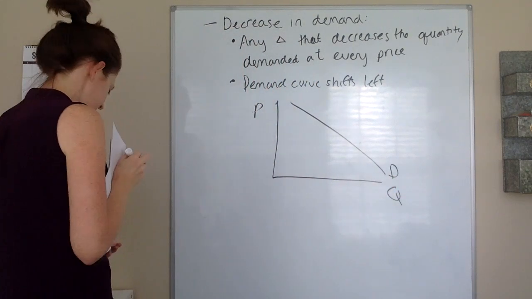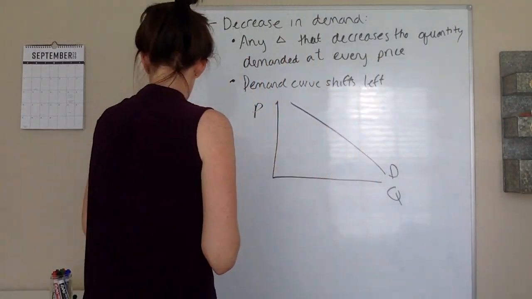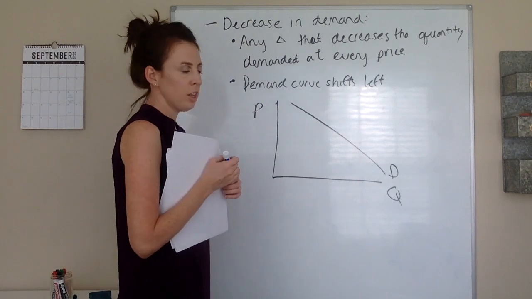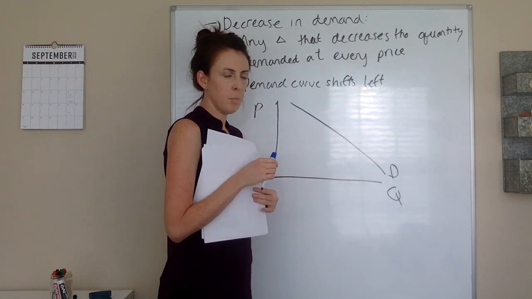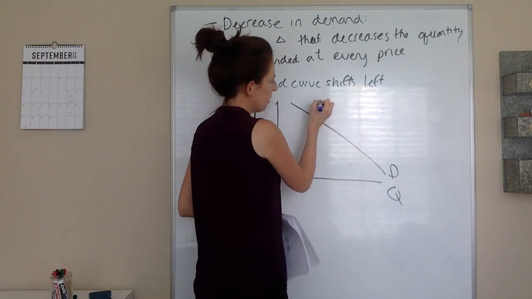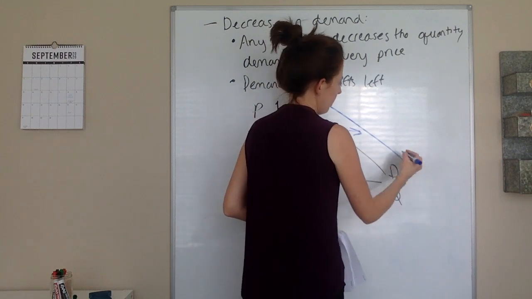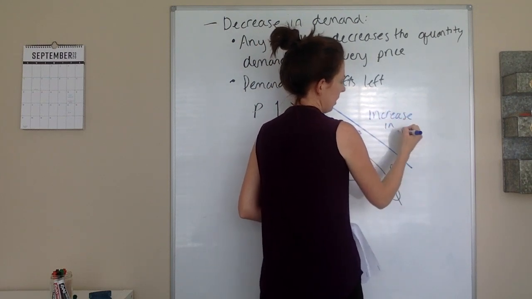If there is an increase in demand, then what that means is that for any given price that you might look at, now people have a higher quantity demanded than before. So graphically, that's going to mean the curve shifts right. This is going to be an increase in demand.